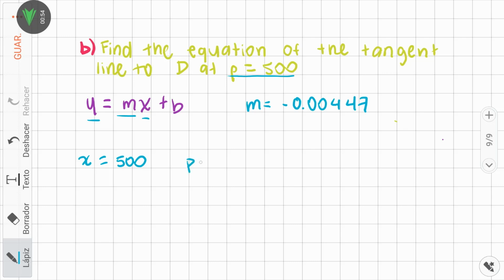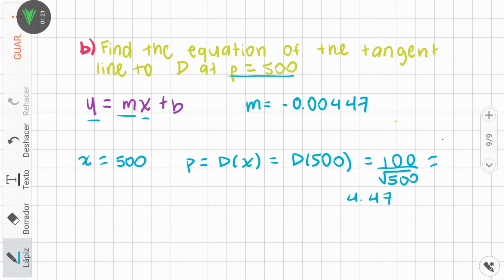Now for P, that will simply be D of 500. For that, simply use your function, which is 100 over the square root of p, in this case 500. And that should give you something around 4.47, okay? So you know that your point y is 4.47.